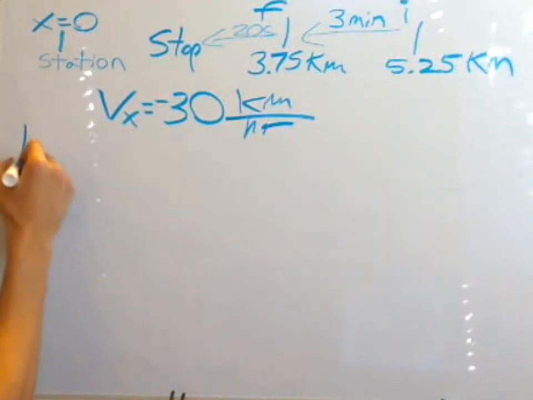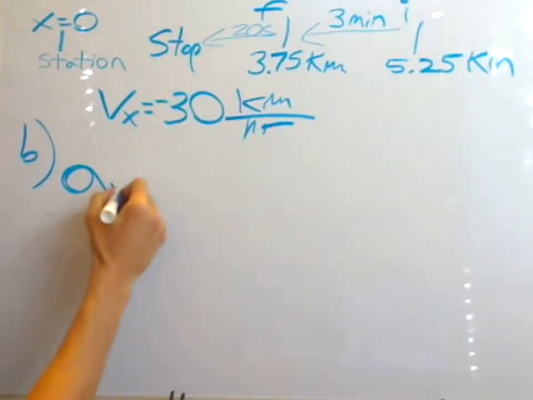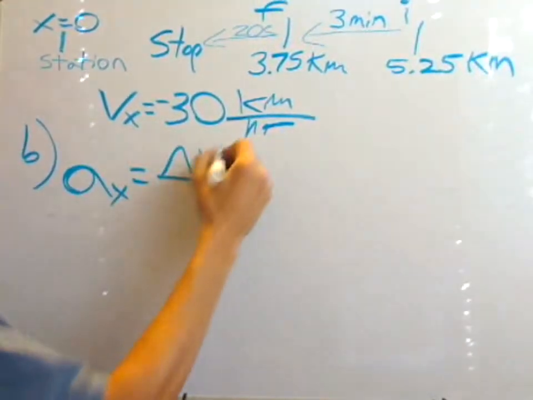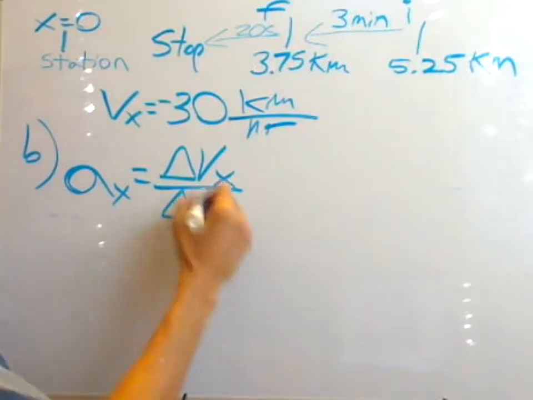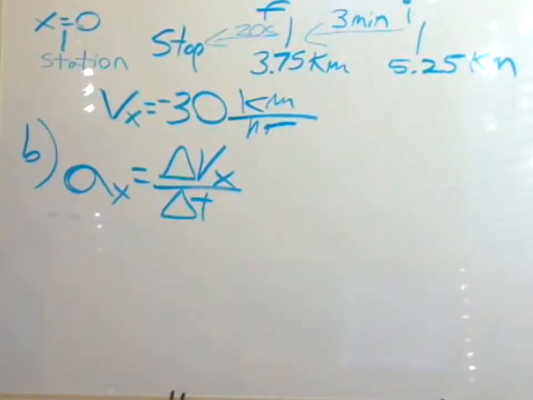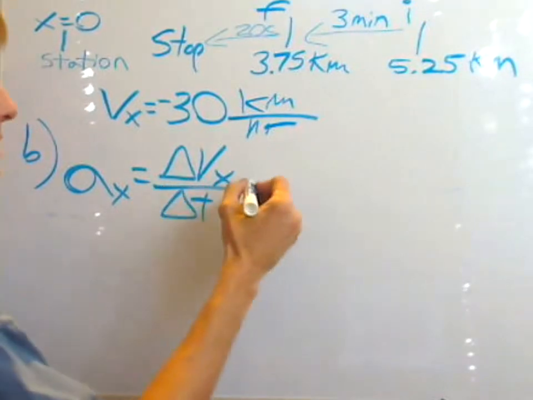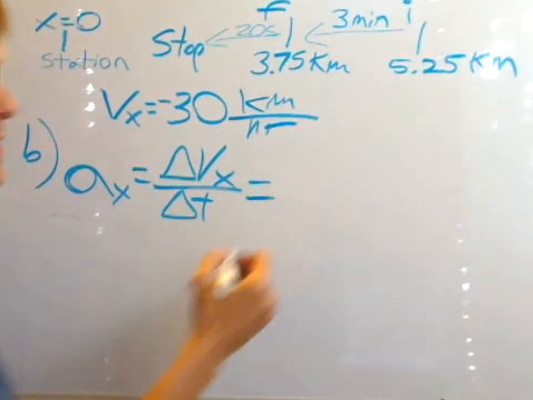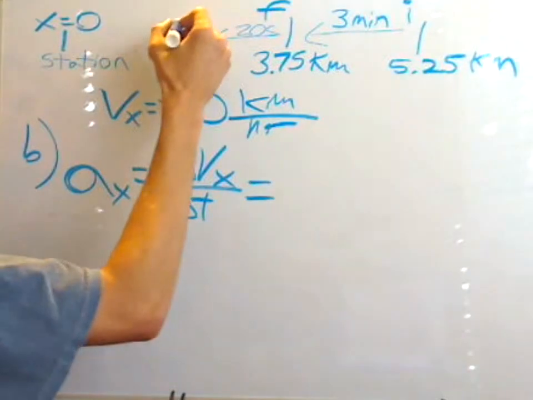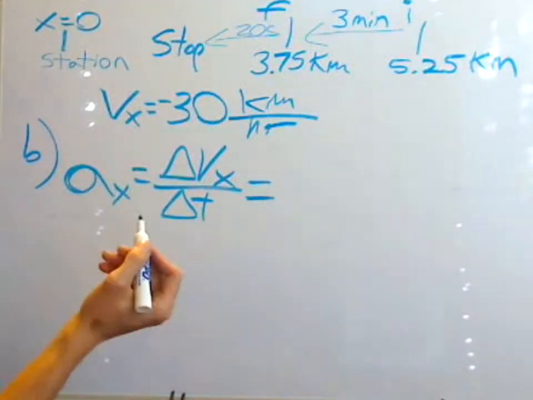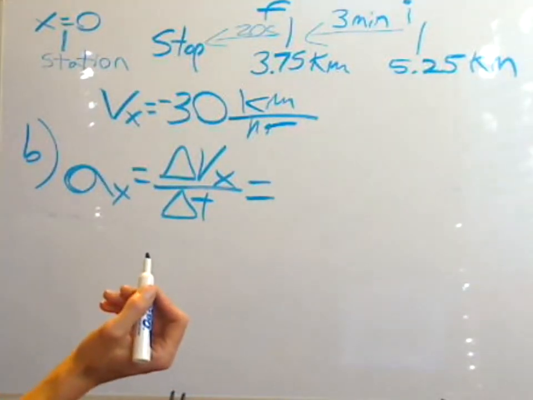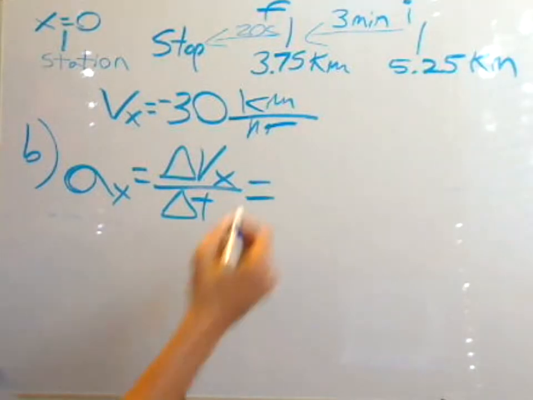And acceleration is defined as the change in the velocity divided by delta t. So the change in velocity would be the final velocity. The train comes to a stop, so the final velocity is 0.